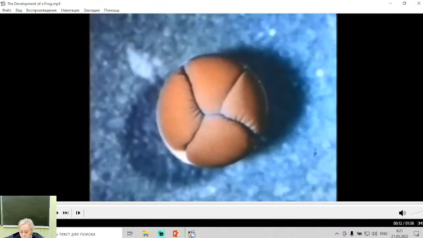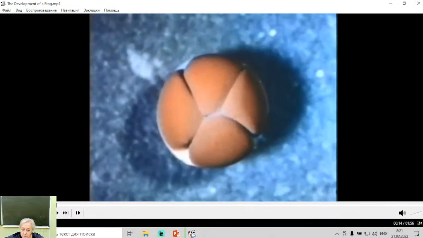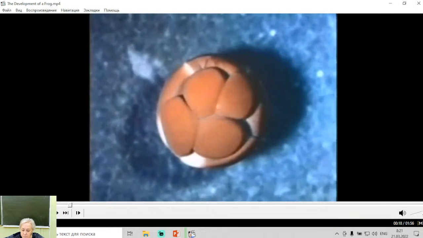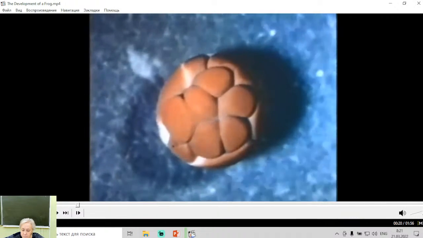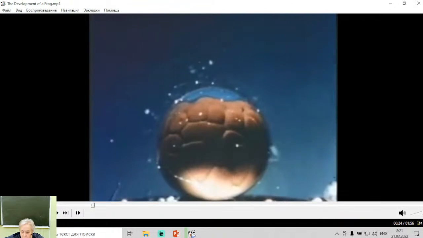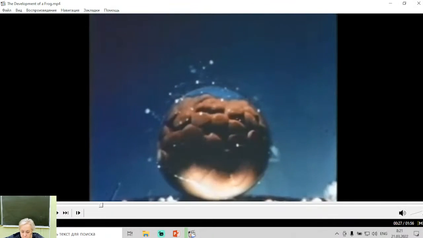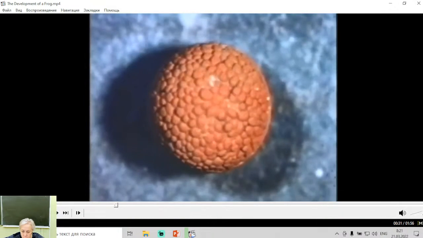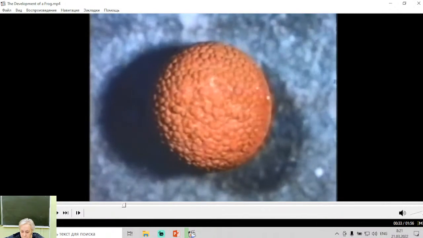Cleavage, formation The fertilized ovum undergoes rapid divisions and forms a blastula. Each division normally takes about 30 minutes. Remember, it's amphiblastula. From micromere and macromere.